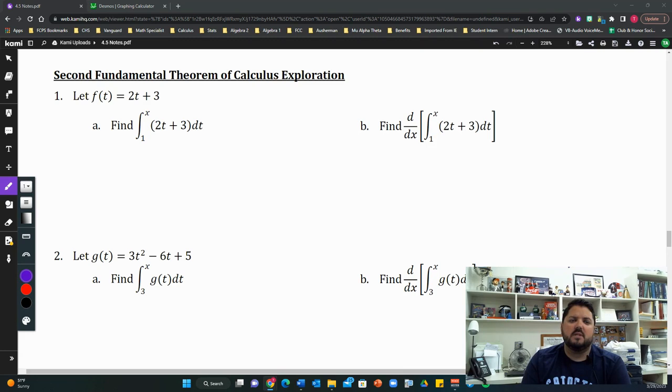But the rule for these is that this variable can't be the same thing as what's inside the integral. So a lot of times we want the integral variable in the bounds to be x, so we just pick something else. It's arbitrary. The most commonly used one is t. That's why it shows up in all these examples. But realistically, it doesn't matter what the variable is as long as it's not the same as this guy, okay?